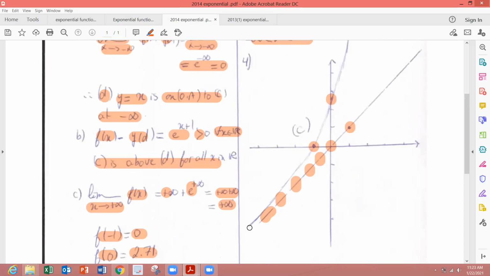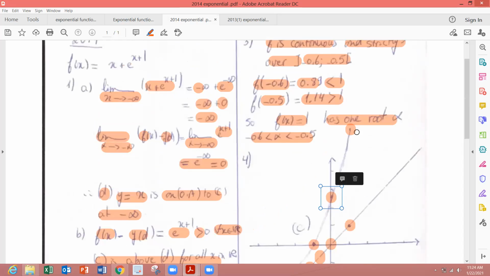On minus infinity, we have an asymptote, and C is above D. We start from here. D is an asymptote to C. It increases, it passes by these three particular points, 1, 2, and 3.